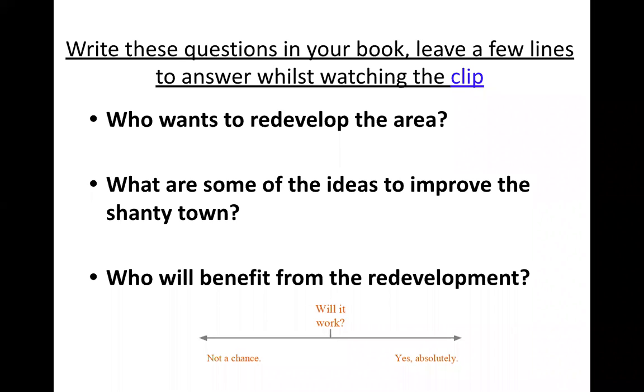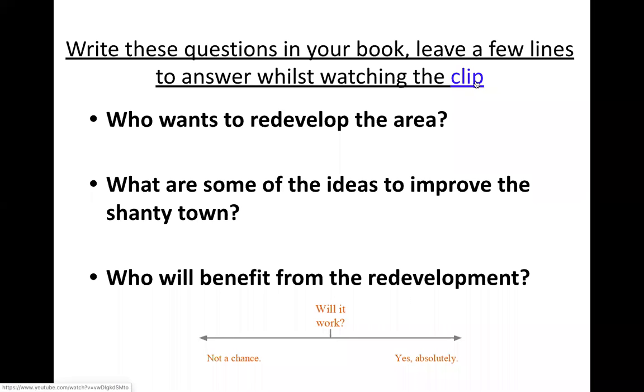What you're going to do now, your task for today, and I want these answers done in as much detail as possible. Firstly, I want you to write these questions in your book, and leave some space underneath the questions because you're going to be answering them.